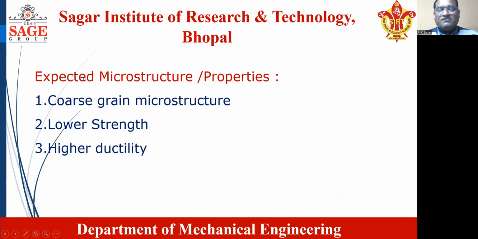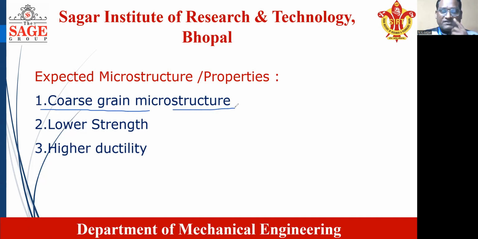Now, after applying the heat treatment process, that is annealing, to the metal, that is steel or alloy, what will be the result? What is the outcome? This is the expected microstructure and properties. First is a coarse grain microstructure.